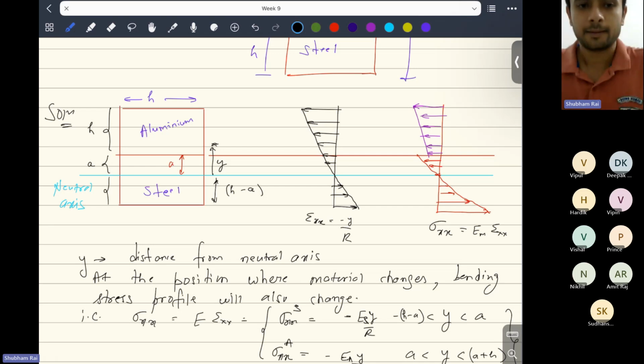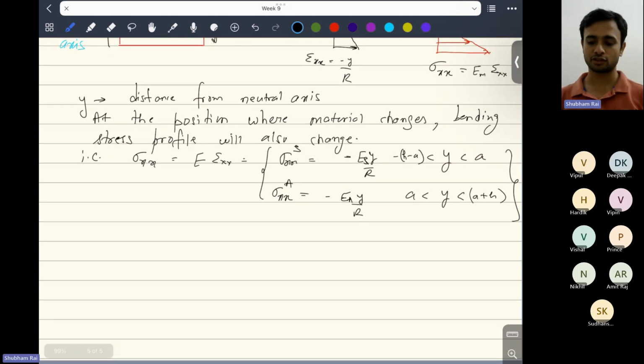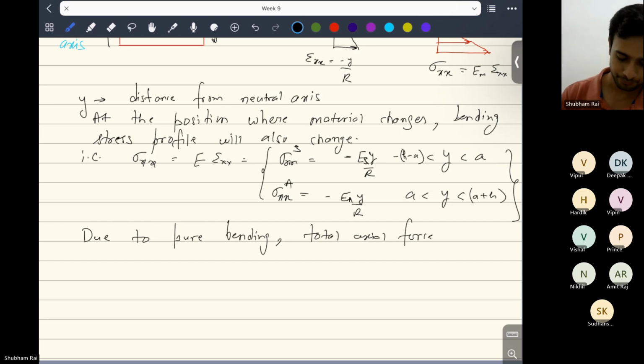Okay, so let me write, and since it is a case of pure bending, there should not be any net resultant axial force. Due to pure bending, total axial force must vanish in the cross section.